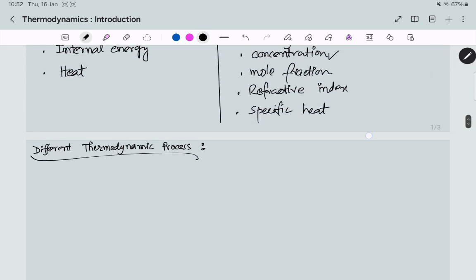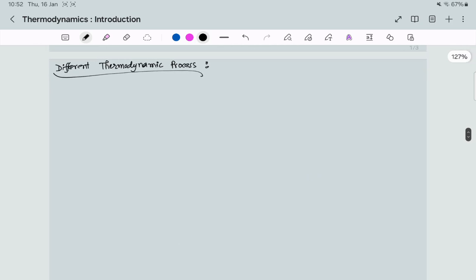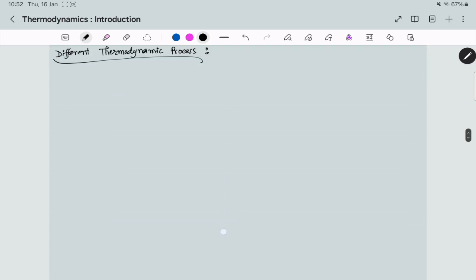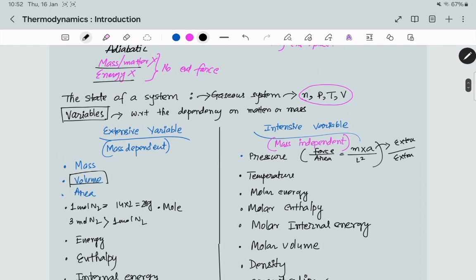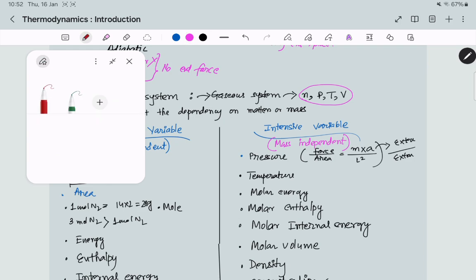Okay, before that it will be easier if we consider one more thing, one more classification of variables. Again we are classifying the variables, but before that we have classified according to the dependency on matter or mass, right?